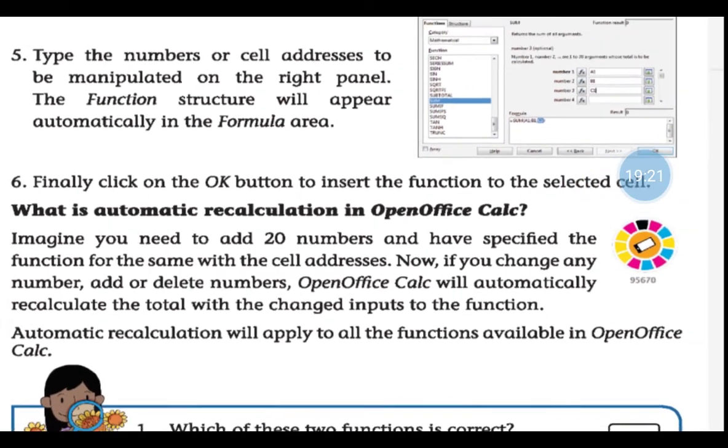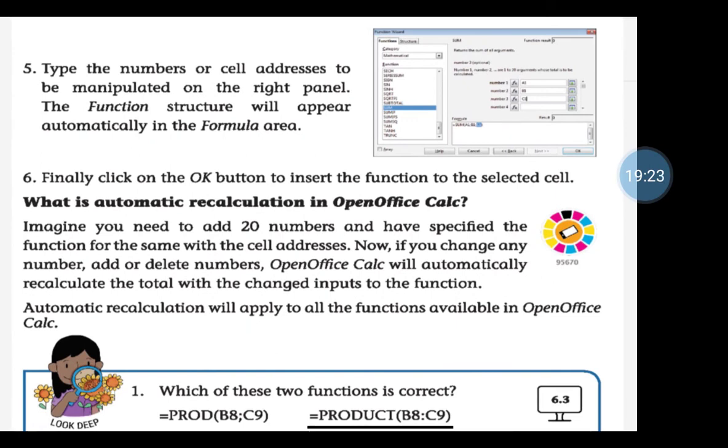Finally click on the OK button to insert the function into the selected cell. After writing all these cell addresses, you have to just click on the OK button here. Then the answer will come on your selected cell. Which cell you have selected, on that cell the result will come.